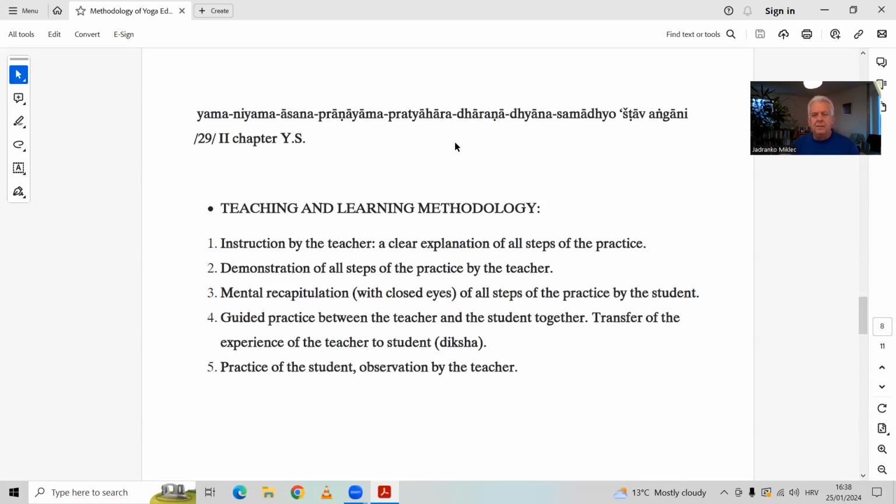I wanted to give one example. So the instruction must be very clear, and the student should be very alert in that sense, questioning the teacher if anything is unclear in his explanation, or if anything looks to the student not logical in the teacher's exposition, he should question the teacher.